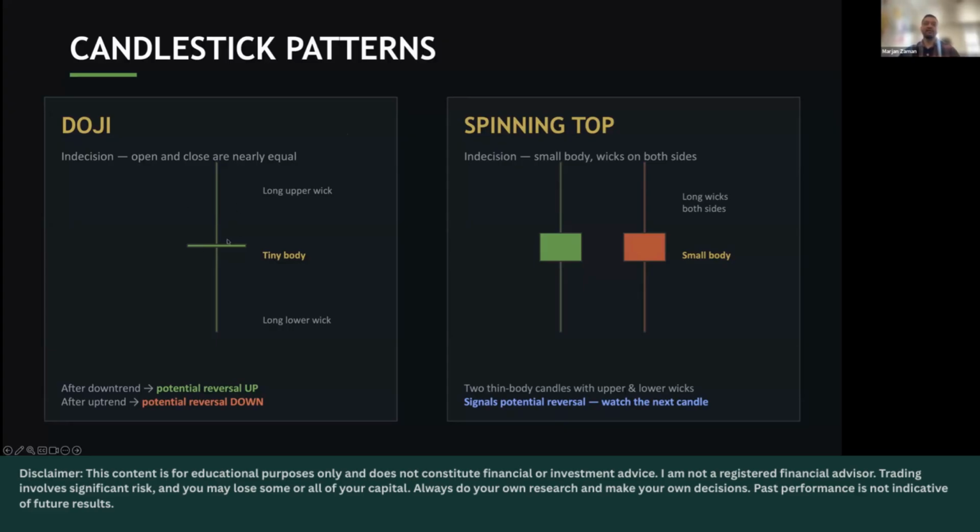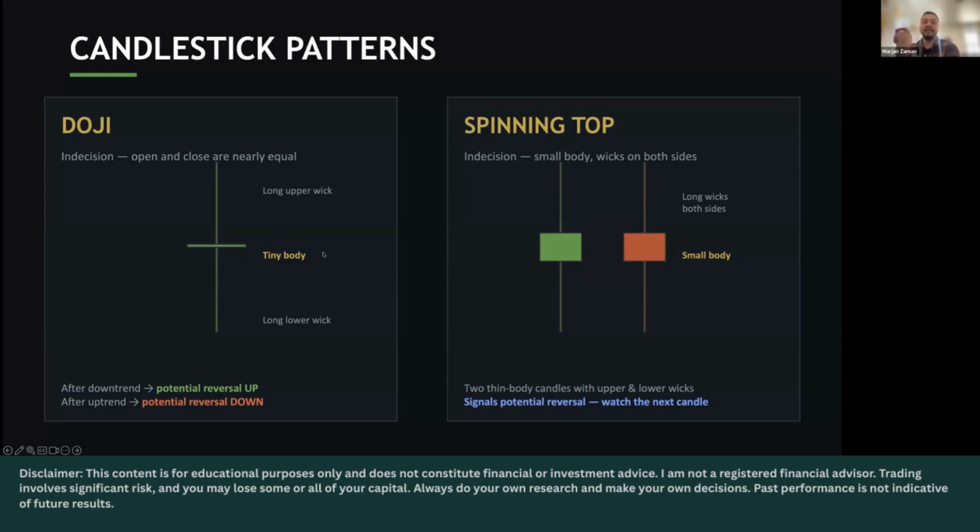So let's say you have this doji, high wick up and down, tiny body. This signals indecision. Now look at this pattern. This is one of my favorite patterns. It's a spinning top where you have a green candle and a red candle, or the other way around, that has small wicks to the upside and downside and a small body. Favorite pattern.